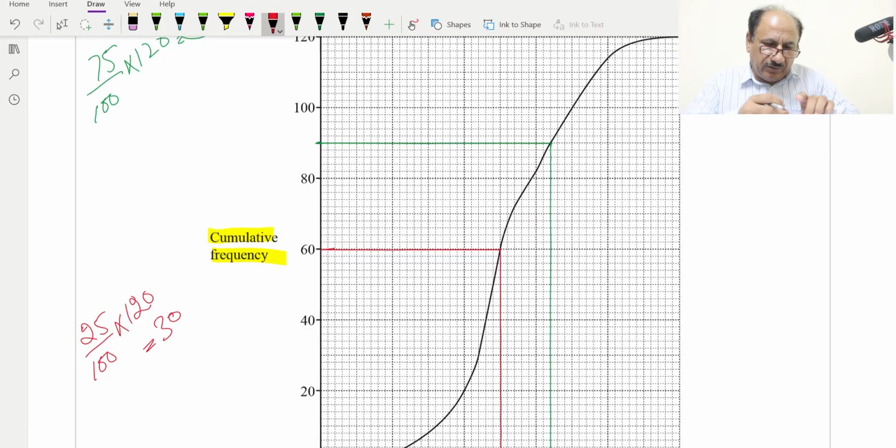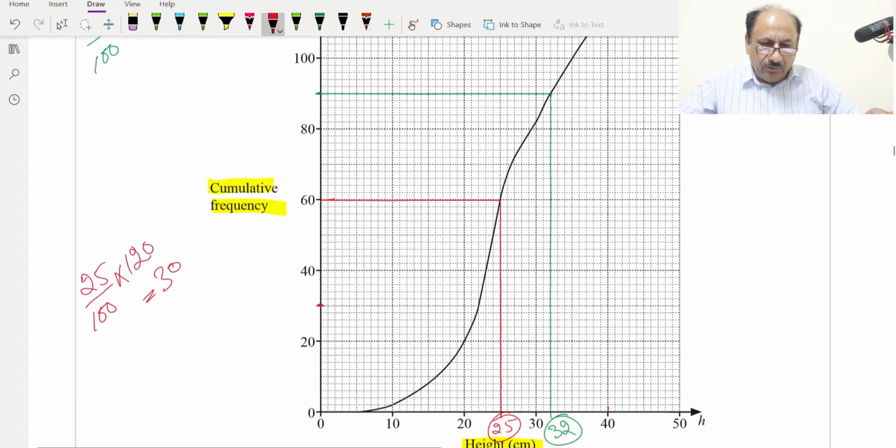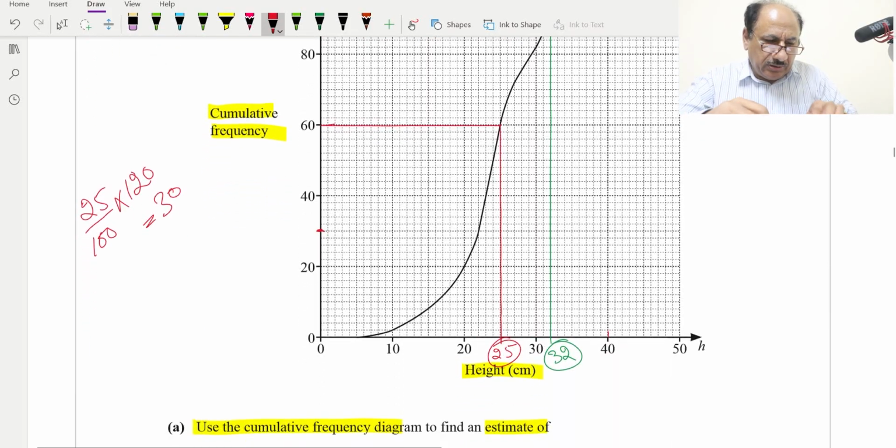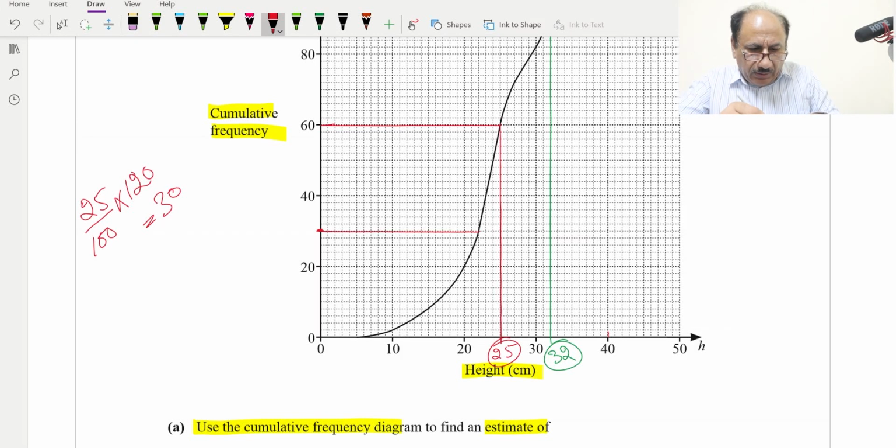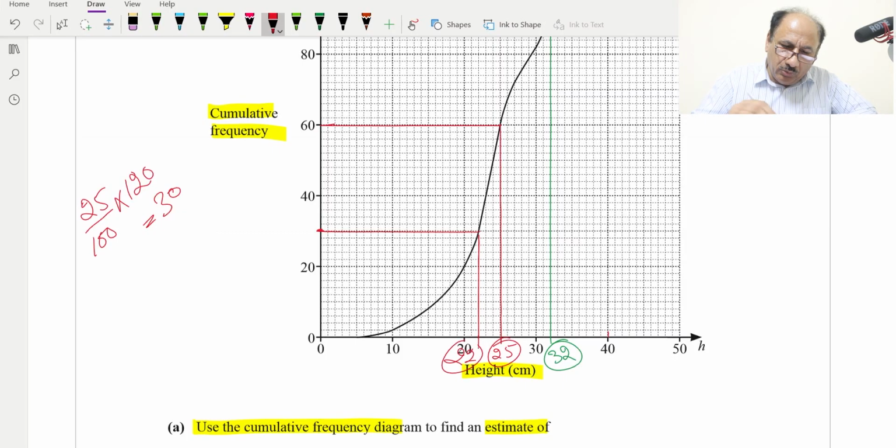We will check the reference for 30. 30 is over here, so we will move and check the value. We take the reference from here, and this is 22, so the lower quartile value is 22.